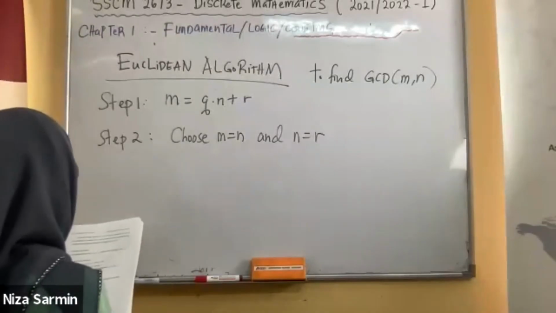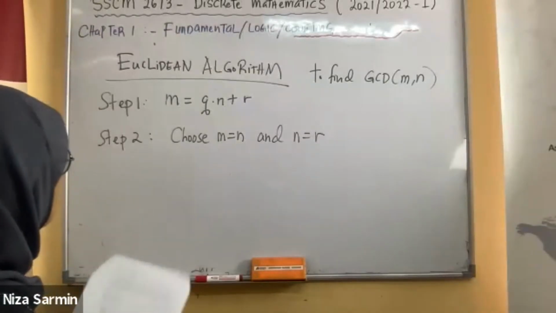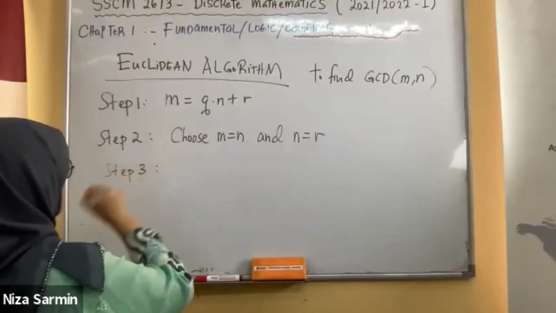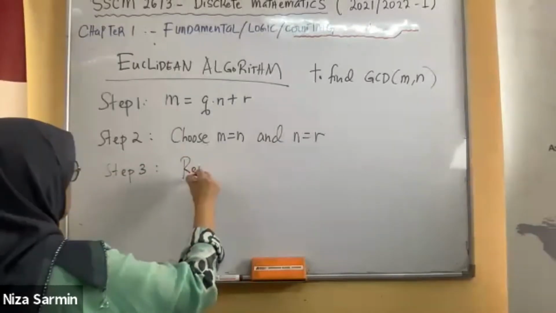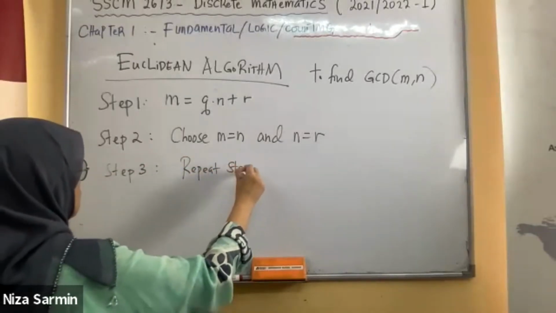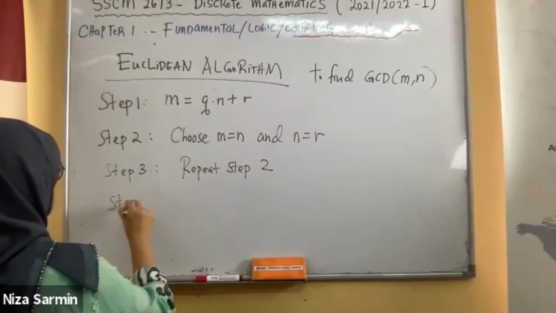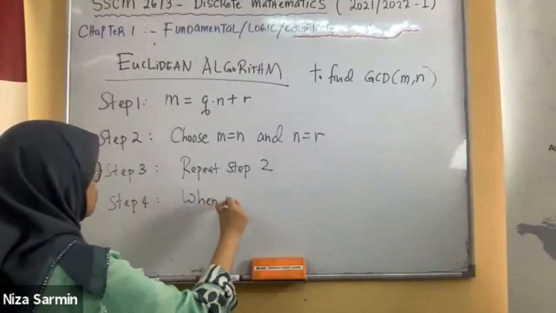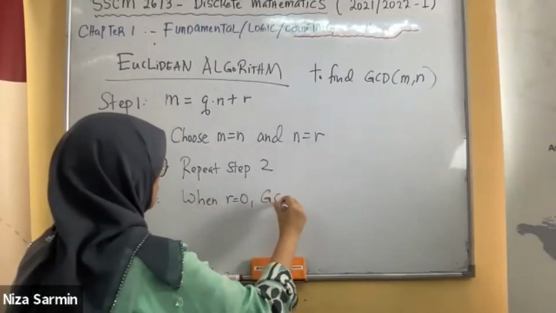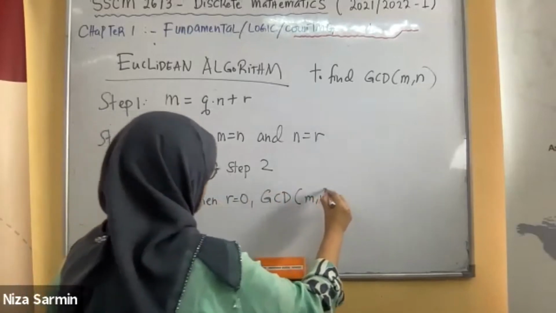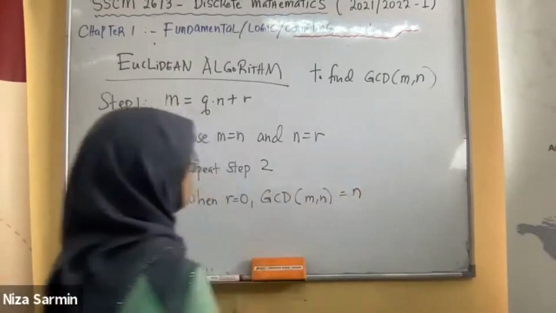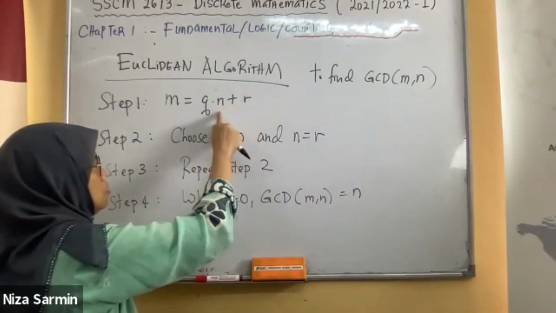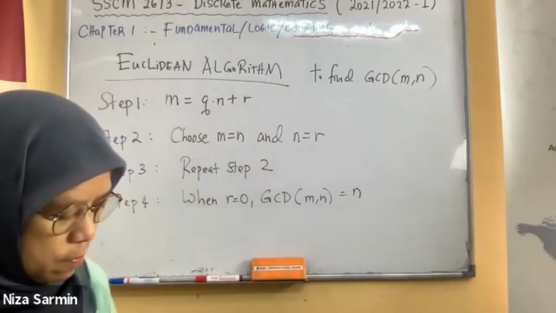And then the next step is to repeat step 2 until the last step, when R is 0. The GCD of M and N turns out to be the N. This N. When R is 0, this becomes your GCD.